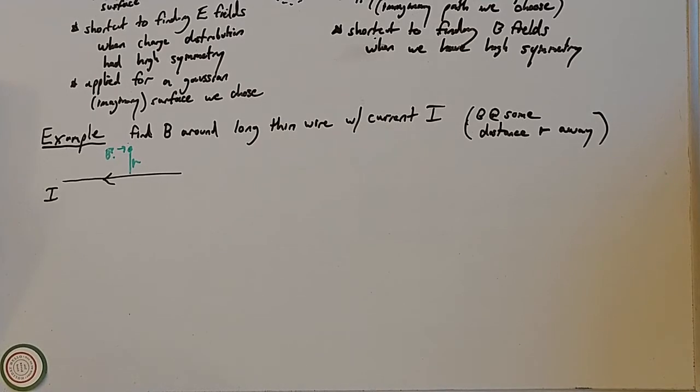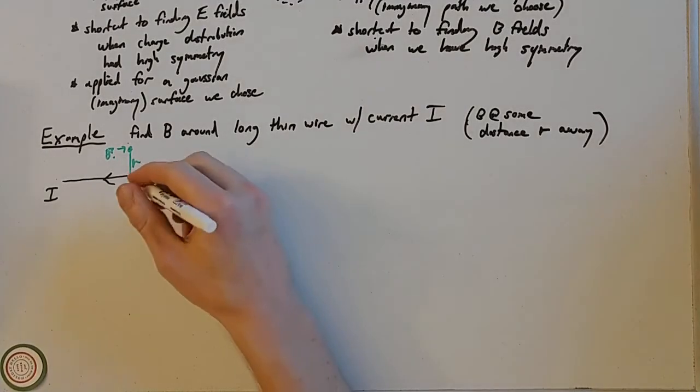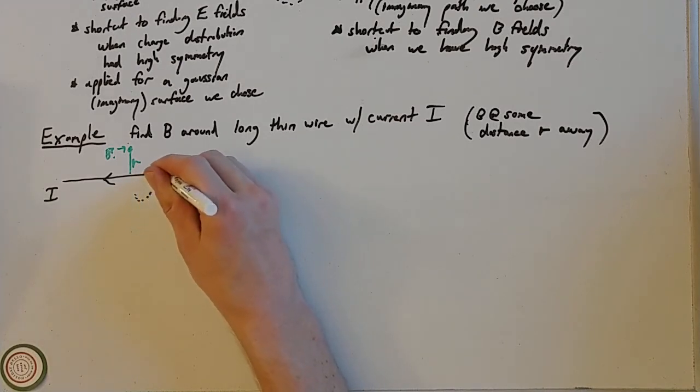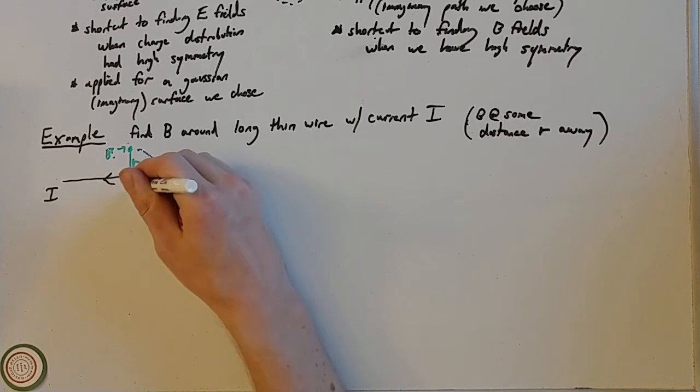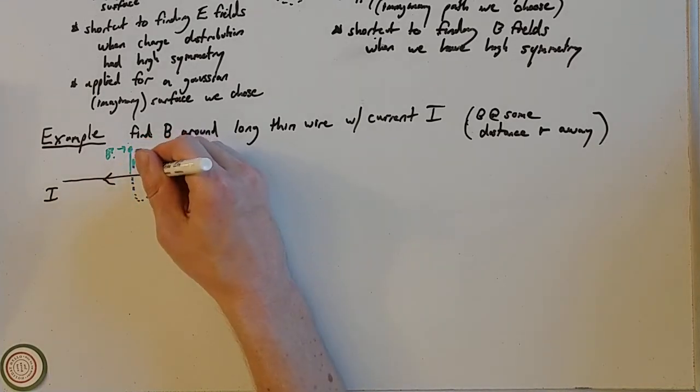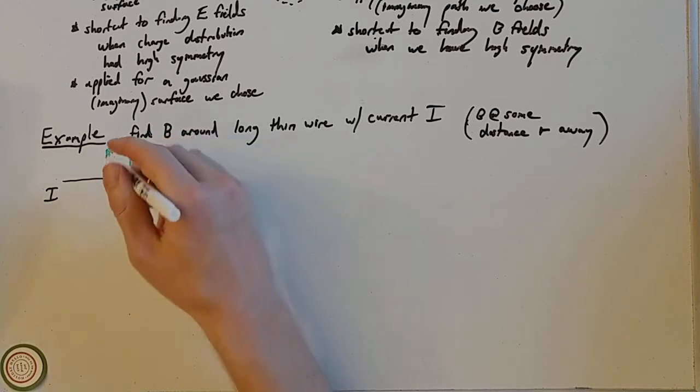Similarly, we're going to want to choose an imaginary loop that we want to walk around. So here, I might want to walk in a loop that encircles this wire, because that would be exploiting the symmetry of the problem, and I want to make sure that loop has some radius r.